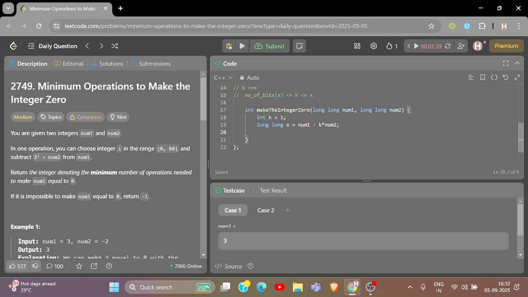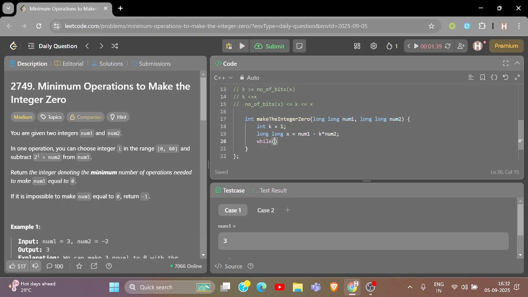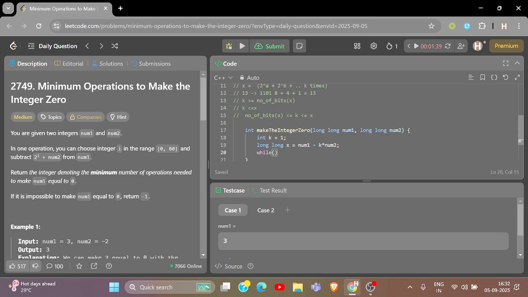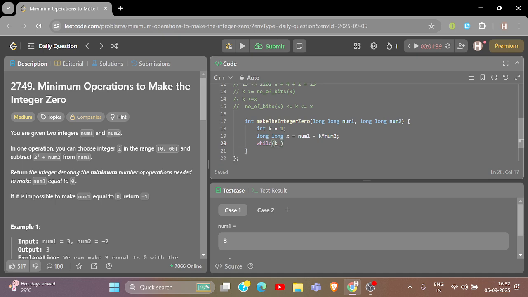And now, while my upper bound is correct, that is k is less than or equal to x, I will check whether this other condition is also satisfied, that is, whether k is greater than or equal to the number of bits of x.